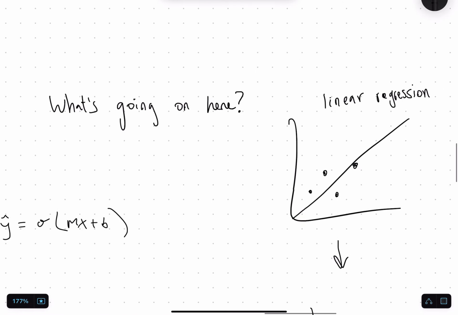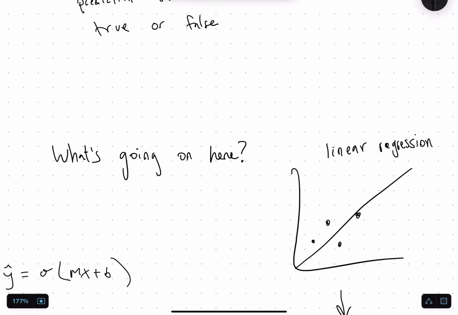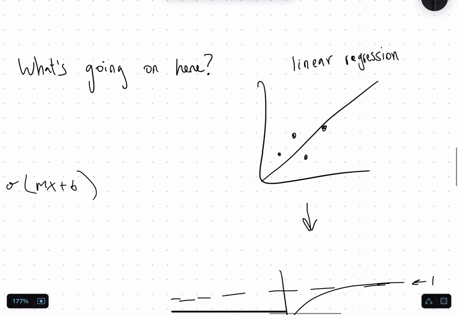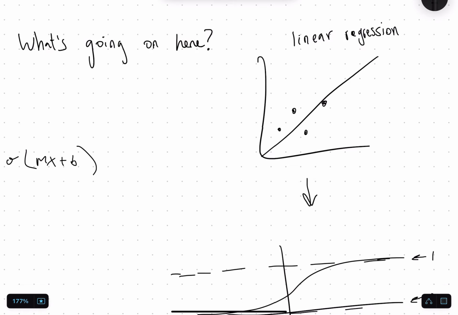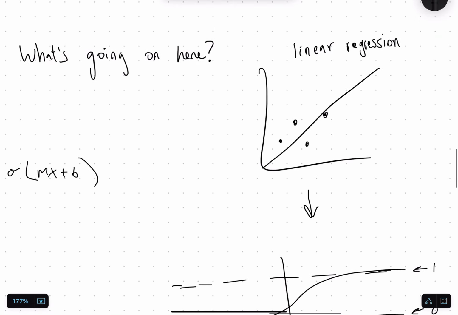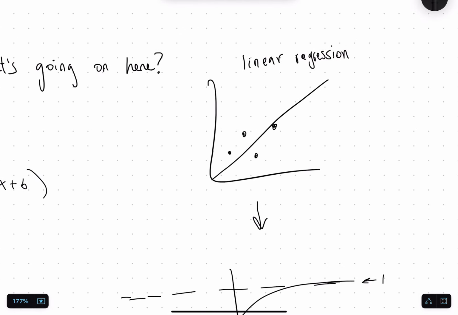So what is actually going on here when I say we're going to predict a probability of a binary classifier? It's kind of confusing. So first of all, let's just go back to linear regression. And the idea with that is that you're fitting a line to data, you have these data points, and then you're drawing a line that looks good in between them, and then you can use that line just to make predictions.